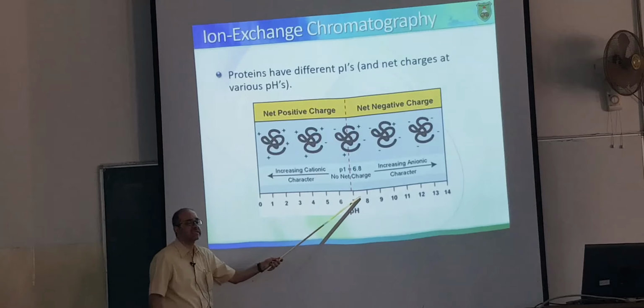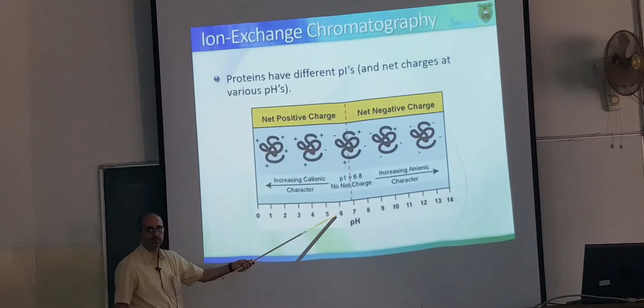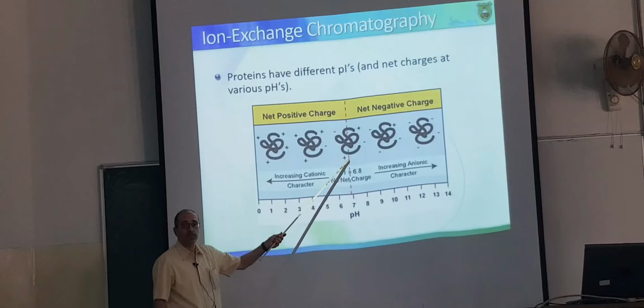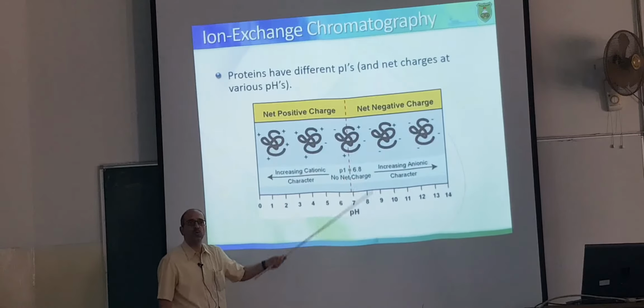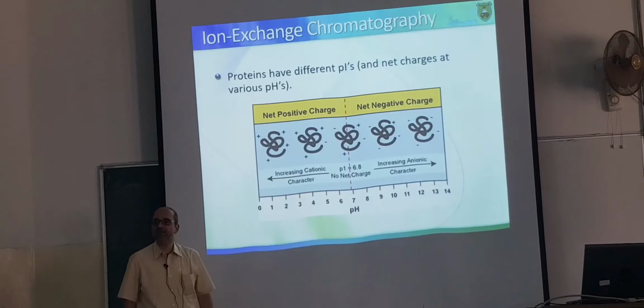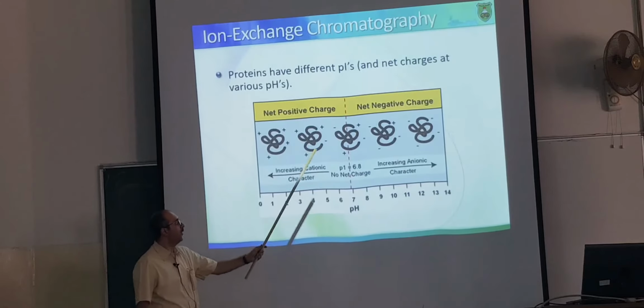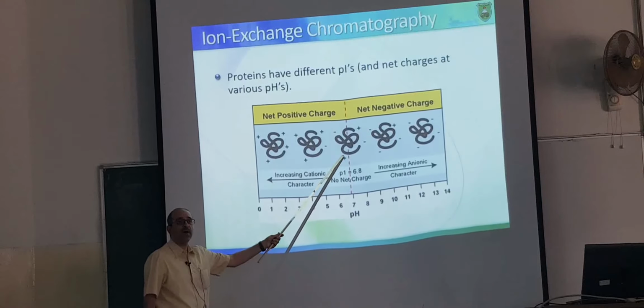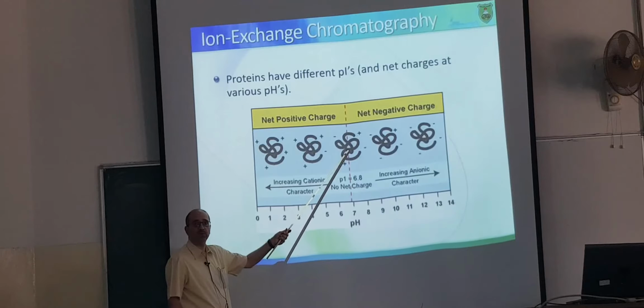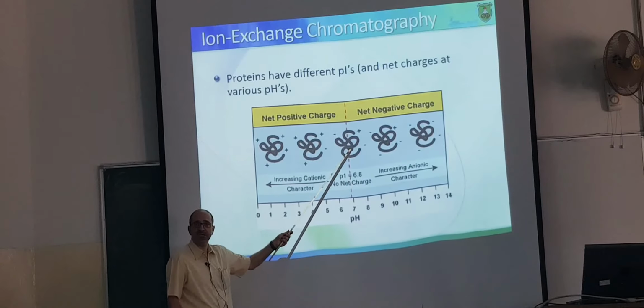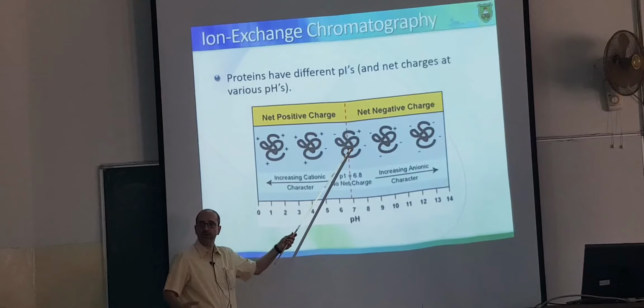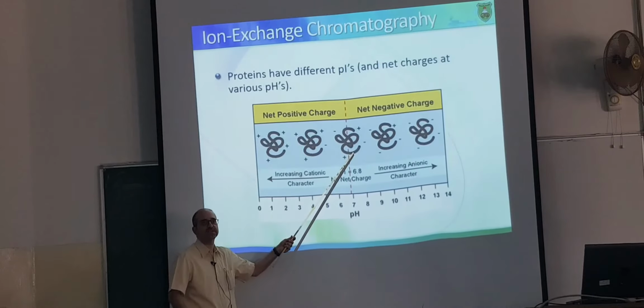If I decrease the pH, the groups will start to get protonated. Okay? Meaning that the carboxylic groups would become protonated, losing their charges, and the amino groups will be protonated, having a positive charge.